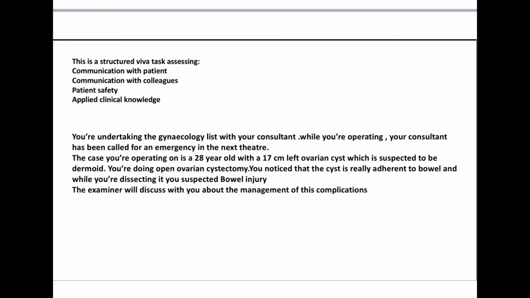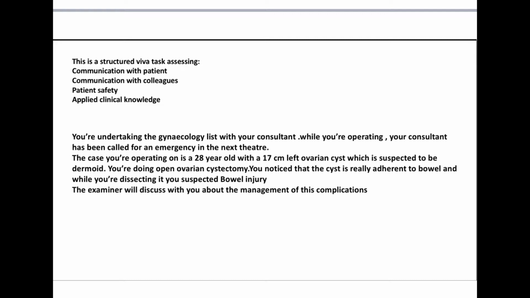Also, any complication during the surgery, like bladder injury, bowel injury, or ureteric injury, we need to give the patient antibiotics. Who will give the antibiotic is the anesthetist. So we inform him that we are facing a complication, and if possible to give the patient broad spectrum antibiotics.